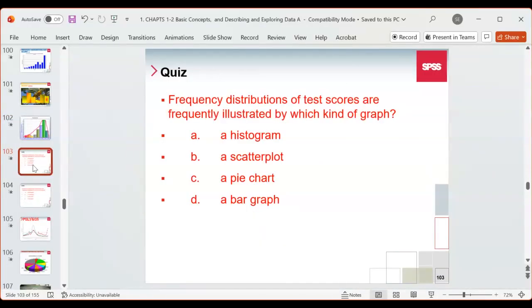So again, here's another quiz for you. It says, frequency distribution of test scores are frequently illustrated by which kind of graph? Any idea?